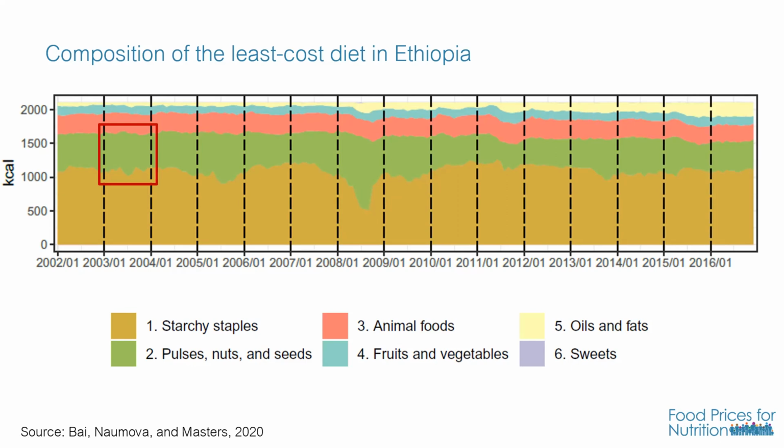There's some variation within that year, but if you compare it to 2008 and 2009, there's a big change in how much starchy staples or pulses, nuts, and seeds contribute to the basket. That's because of the change in prices. So the least cost diet selects different items at different times of year.